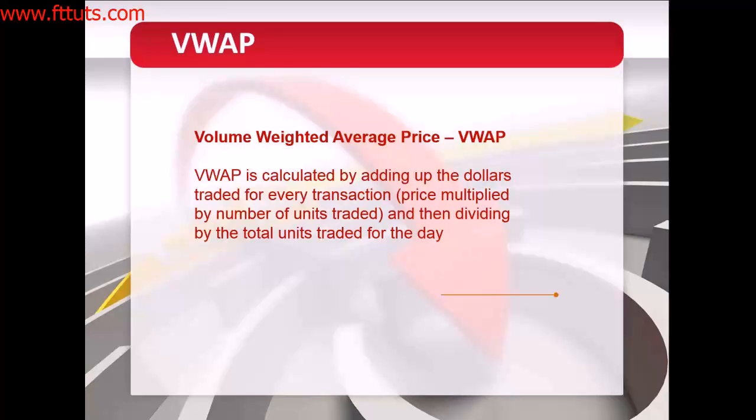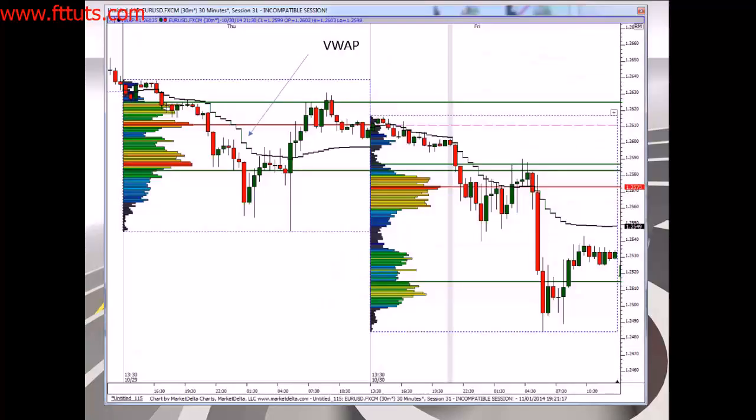Let me share with you some better ways to use the VWAP. Once again, I have my profile indicators on the chart, and in addition to the profile indicators, I have the VWAP shown as a step line.